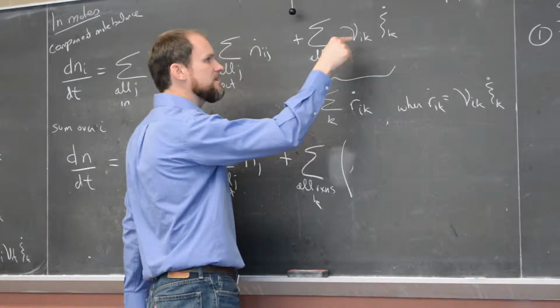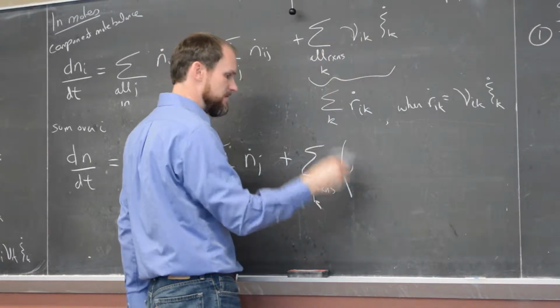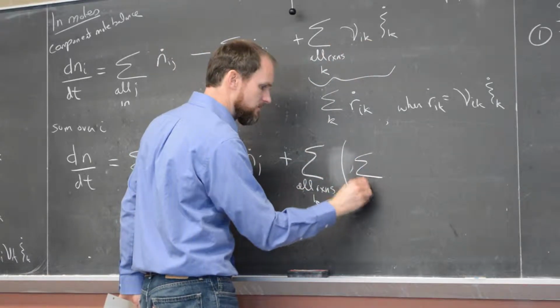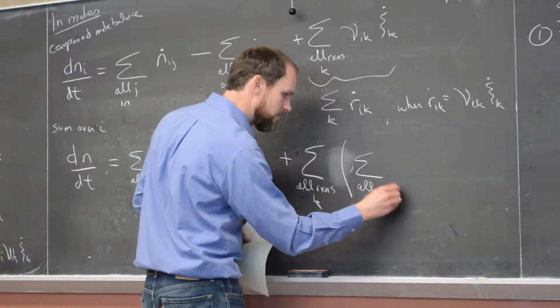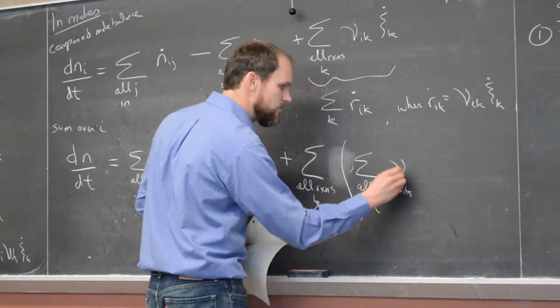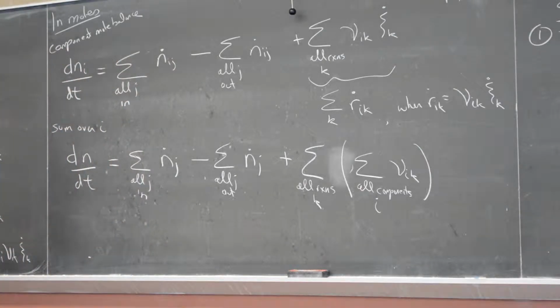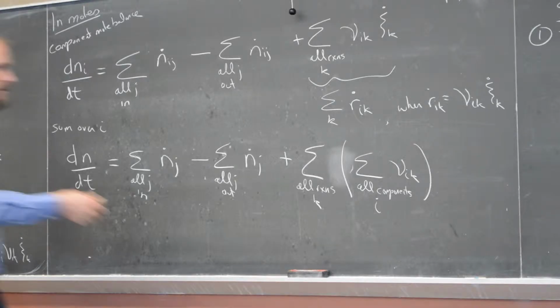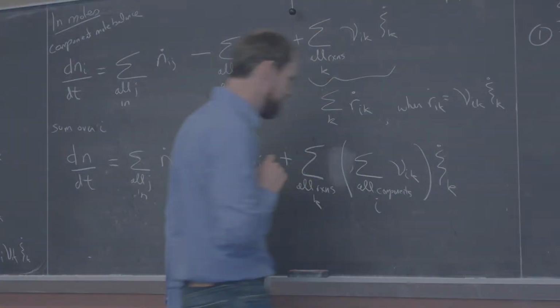And then for each reaction, I'm going to have nu in the first species plus nu in the second species. So I'm going to sum over all components i of nu ik. So that's reaction 1, nu A plus nu B plus nu C, etc. And then I'm going to multiply that by xi k dot.